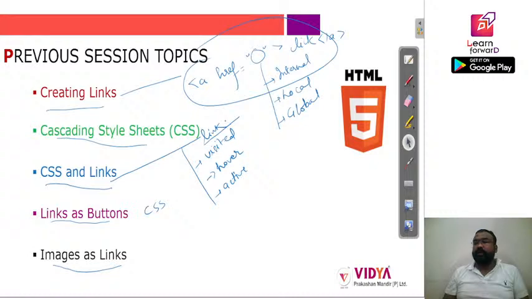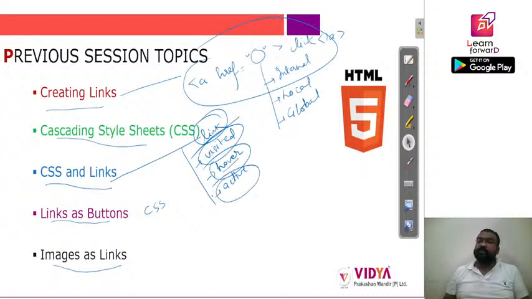In link, we can set some properties if the link has not been clicked yet. If the link has been visited, that means you have clicked on it, then we will use this particular property. Then we have hover. Whenever you take your cursor to the link, we want to apply some properties, so we use this property.